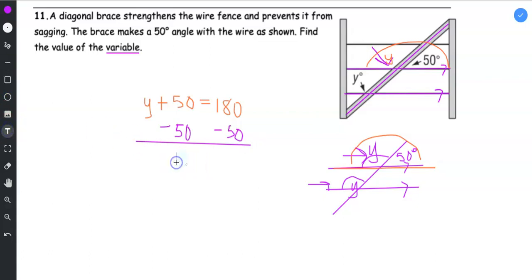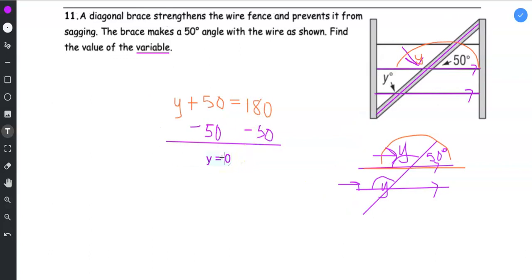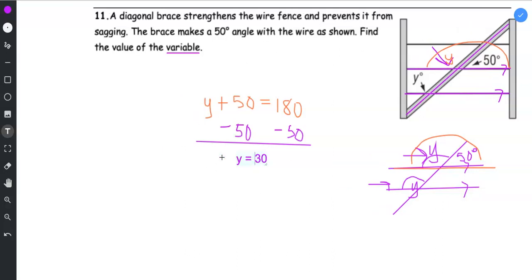And we get y equals, and then 0 minus 0 is 0. And then 8 minus 5 gives us 3. And then 1 minus 0 gives us 1, so 130.